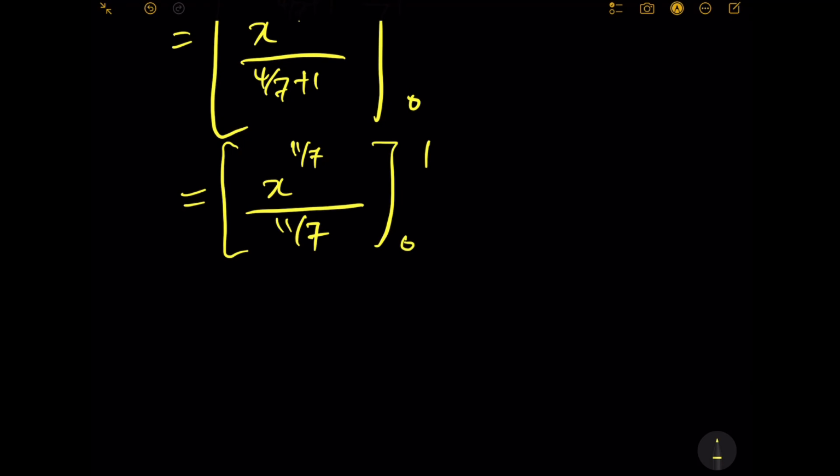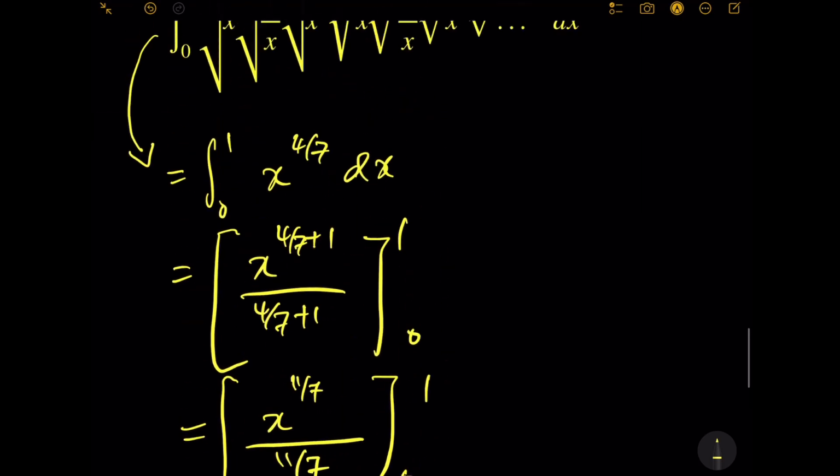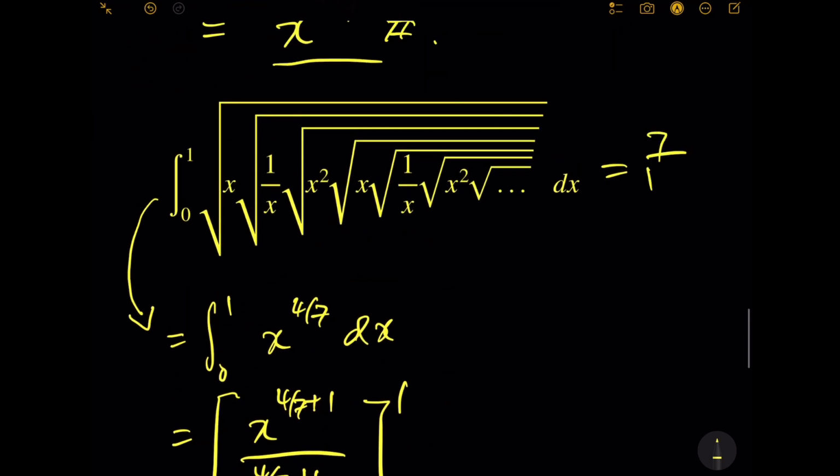So equals 7 over 11 x power 11 over 7, from 0 to 1. Of course, replacing 1 and 0 for the x, you get 7 over 11. So this is the final answer, 7 over 11.